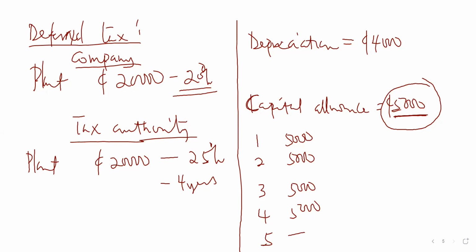So you see that in the 5th year, the capital allowance will not be given to the company again, and the portion that the capital allowance will be reducing for the tax liability will not be reduced again. So the company is going to pay higher tax in the 5th year than any of the years.